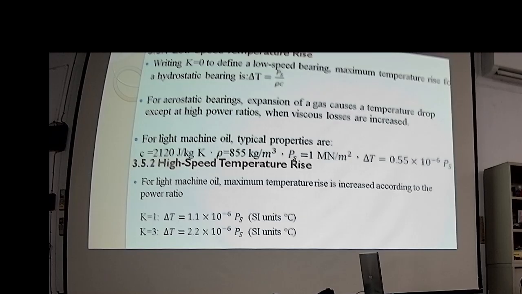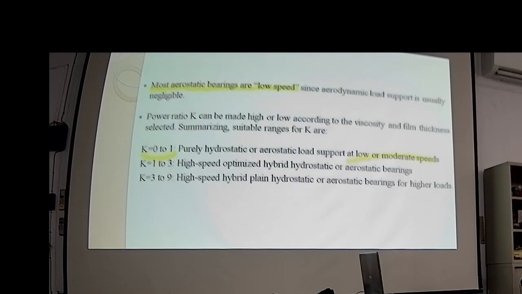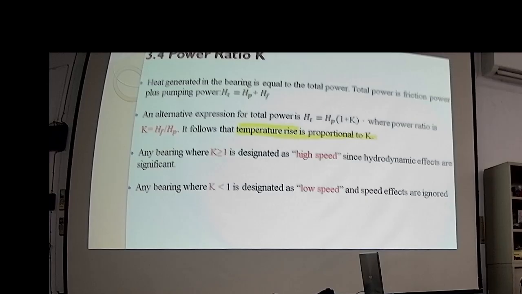This is for the high speed bearing. So for the definition of the power ratio, K greater or equal to 1 is called the high speed bearing. K smaller than 1 is called the low speed bearing.